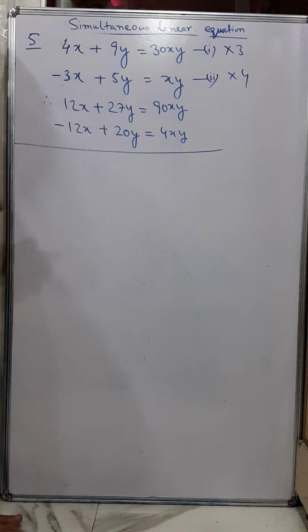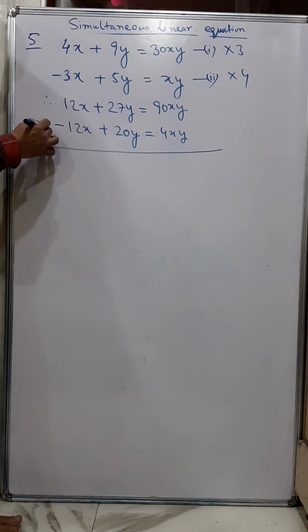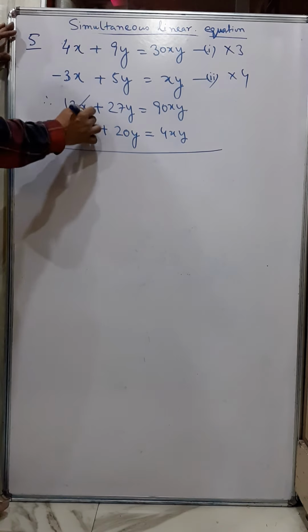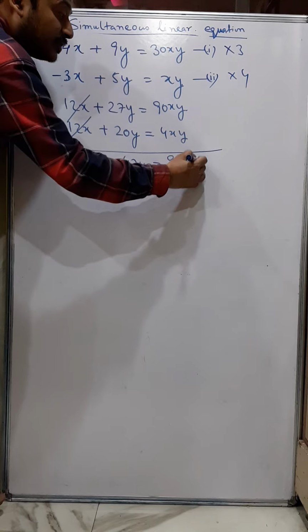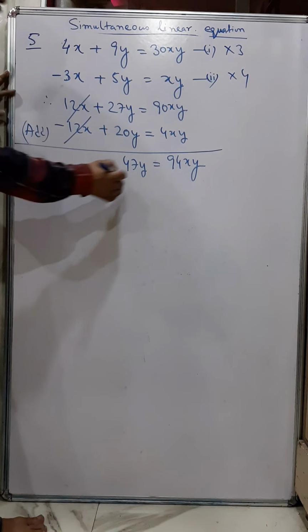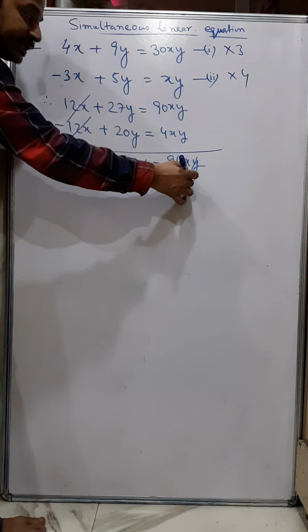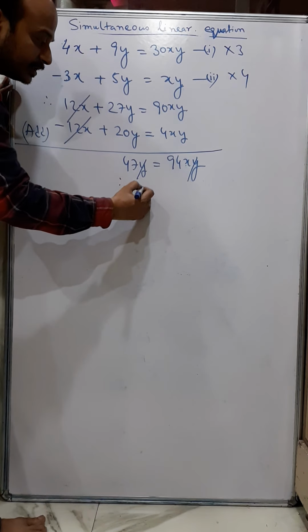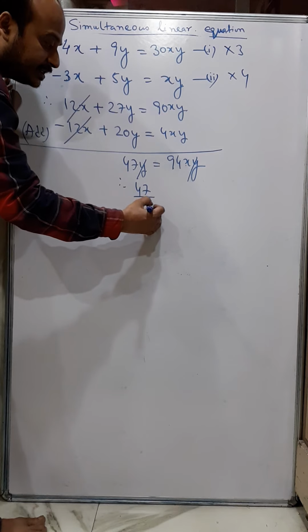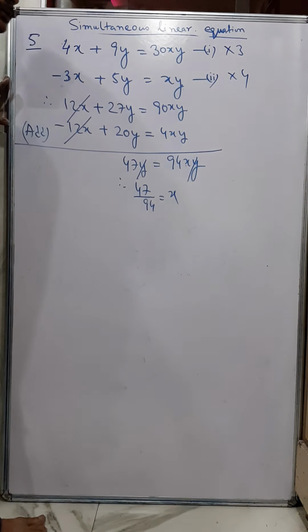Now simply you can see same method. We can add. We get here 47y is equal to 94xy, right? And from here you can see this y and y will get cancelled, and then finally x is there, so we can get 47 by 94 equals x, right?